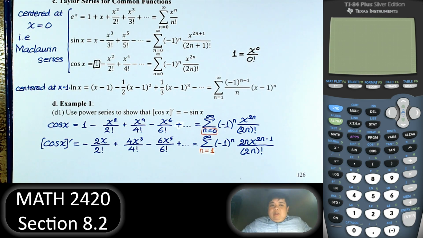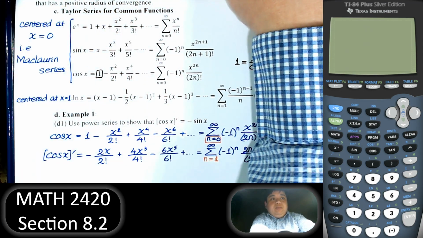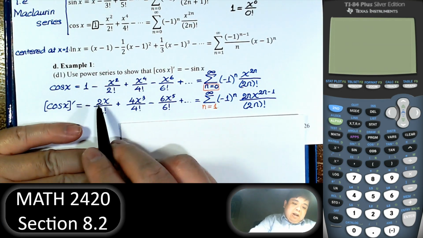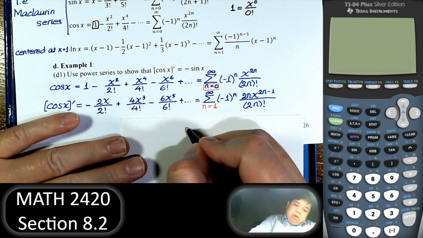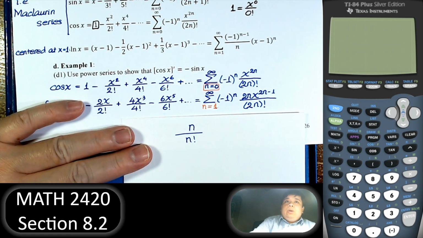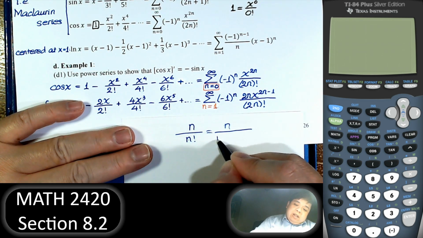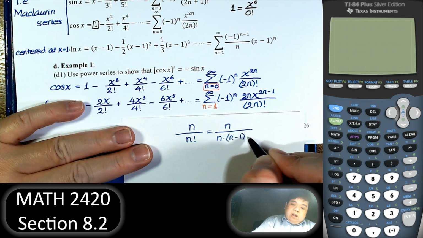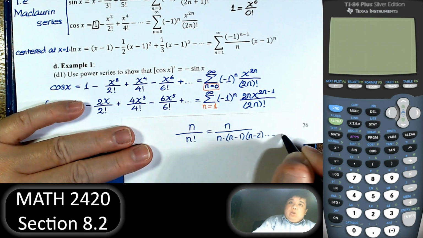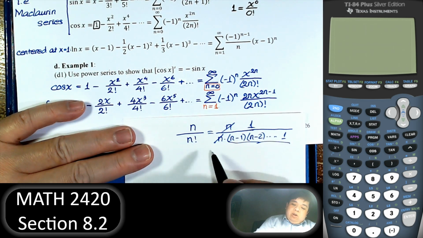Right, how can we simplify this? Notice that we have a number divided by a factorial. So what if we have n over n factorial? What's that equal to? Well, n factorial we can write as n times n minus 1, n minus 2, all the way back to 1. Cancel out the n, we have 1, and all of this we can write as 1 over n minus 1 factorial.